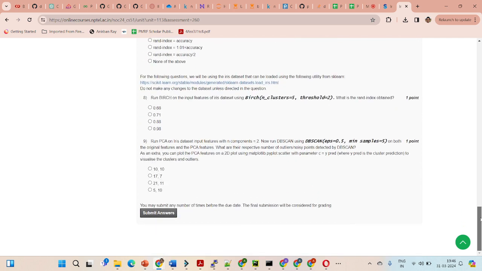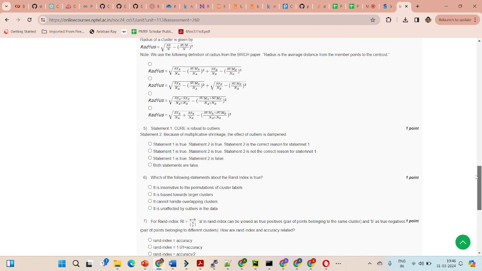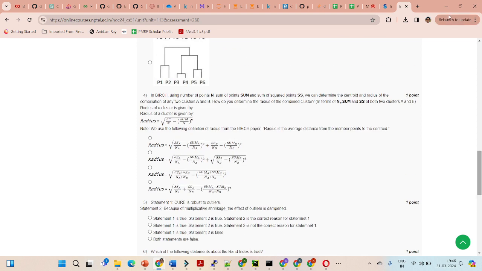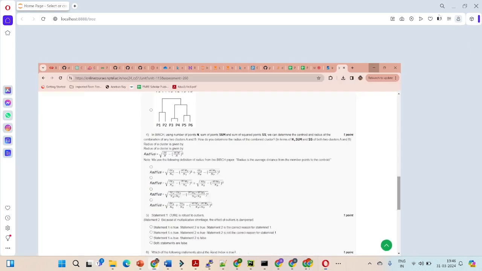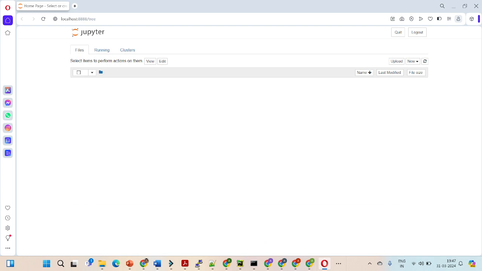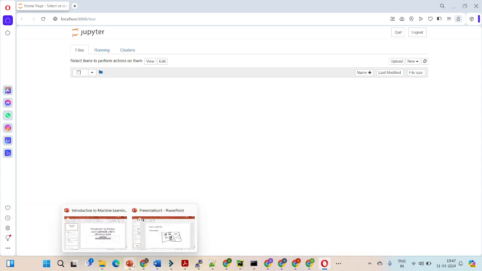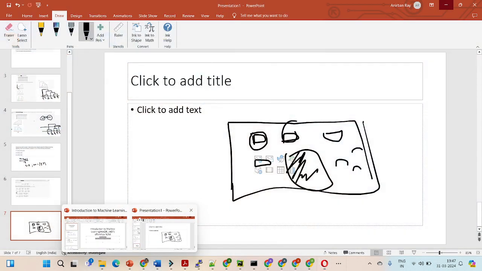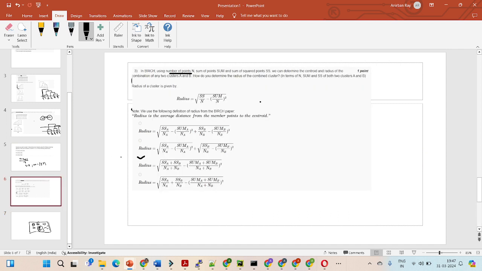Acha, acha. Could you just show the board which you had written for the previous question that involved the BIRCH algorithm, the formula? This one that I have explained, I just gave the answer. Could you just show the board of what you had written?